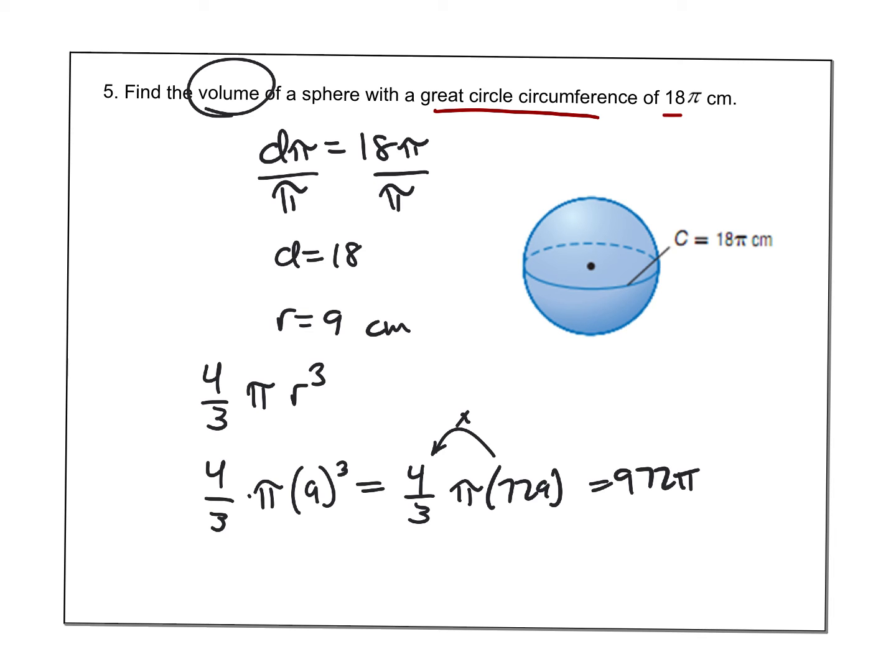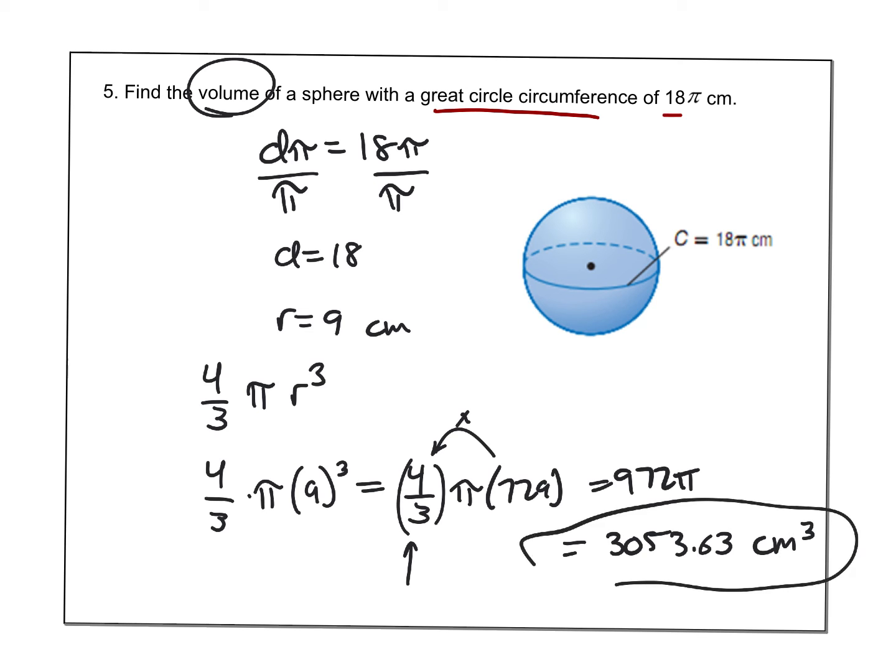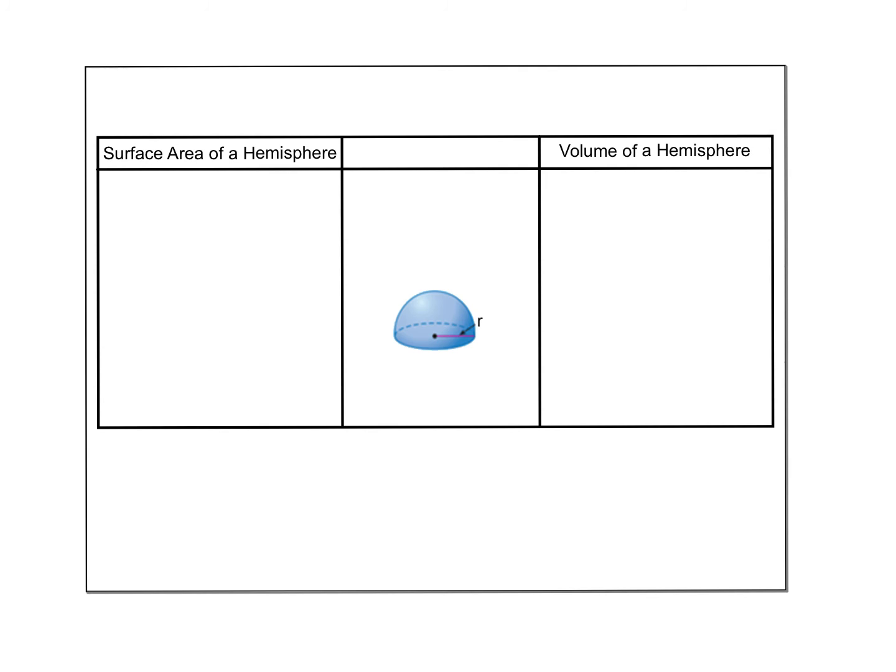You can get away with just calculator mashing, throwing that all in at once, but I would put parentheses around that so you don't get everything tripped up. My final answer will be this. So I'm multiplying that first and then multiplying it by pi to get my answer.